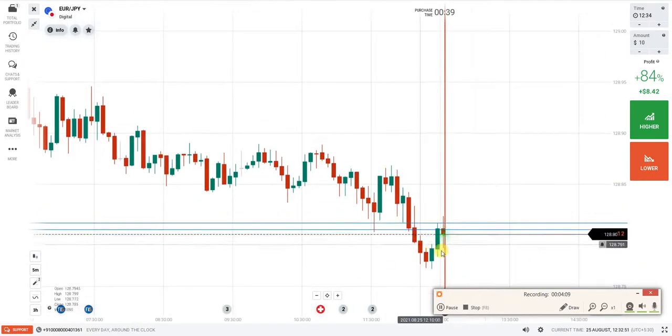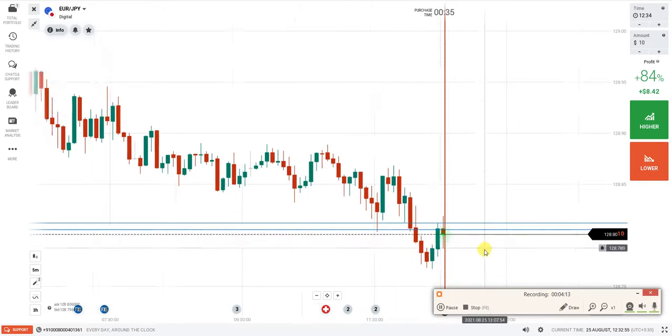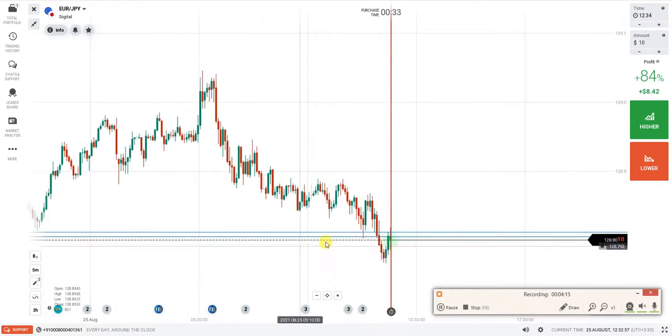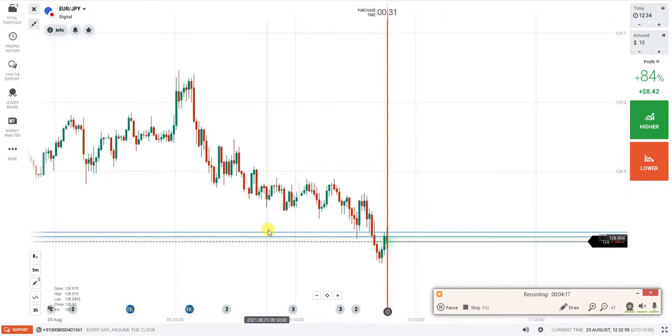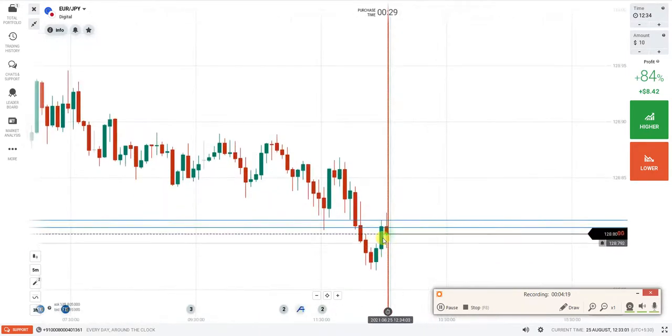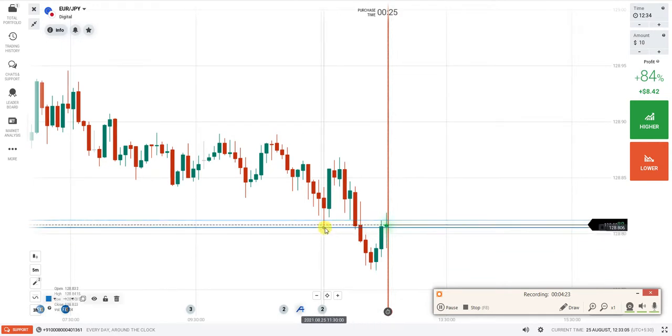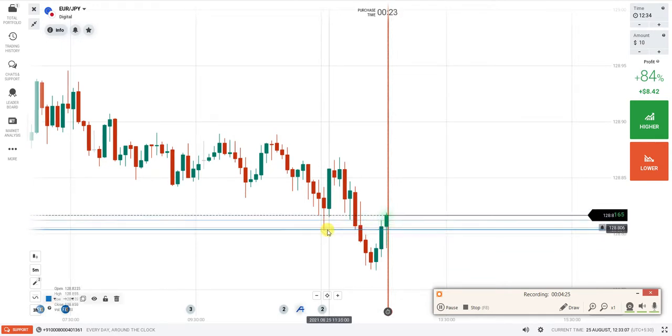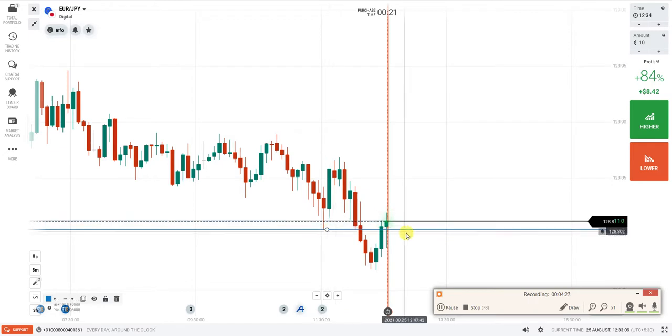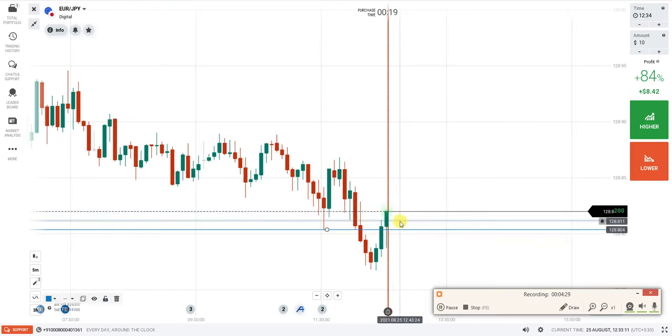So here I got a rejection. The major trend is a downtrend, and I'm getting huge selling pressure, and again the market reversed with buying pressure.